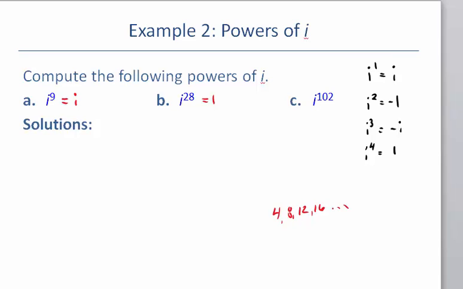And think about counting it out. 1, 2, 3, 4 would be on the bottom. 5, 6, 7, 8 would be on the bottom. 9, 10, 11, 12 would be on the bottom, and so forth. So we know that these are the multiples of 4. And so furthermore, what we know is that if something is a multiple of 4, when we divide it by 4, it divides evenly, which means that there is no remainder.